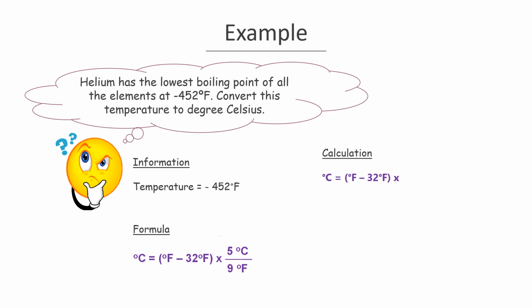We substitute the degree Fahrenheit with minus 452 degree Fahrenheit, calculate, and the final answer is minus 269 degree C.